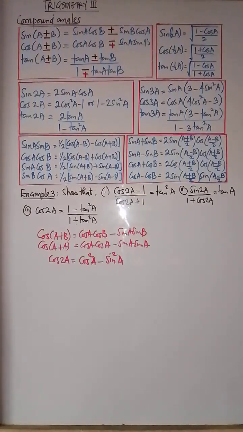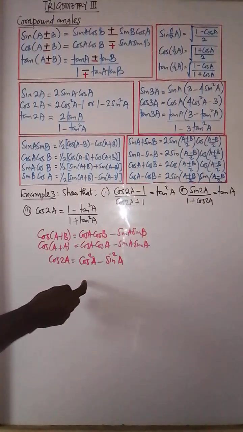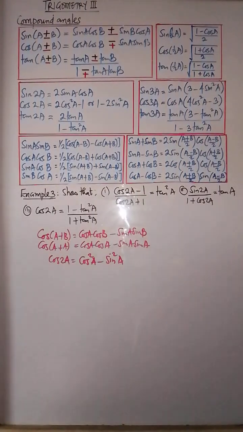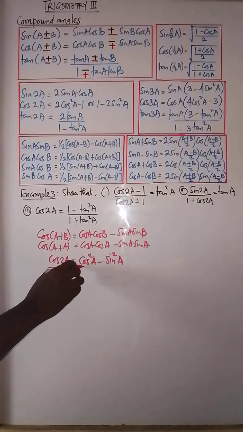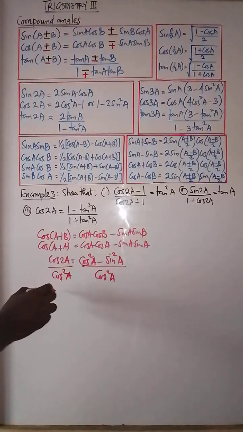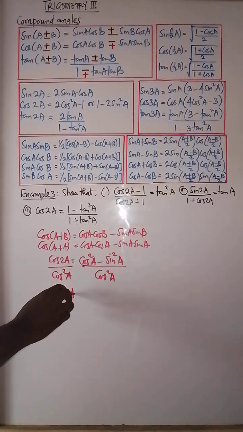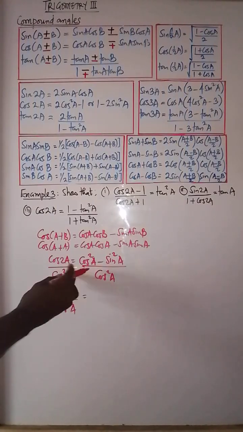So what am I going to do next? If you notice, if I divide by cos, I'll be having sine over cos, which will be tan. So let's divide both sides by cos square A over cos square A. This becomes cos 2A over cos square A equals to, it will split.